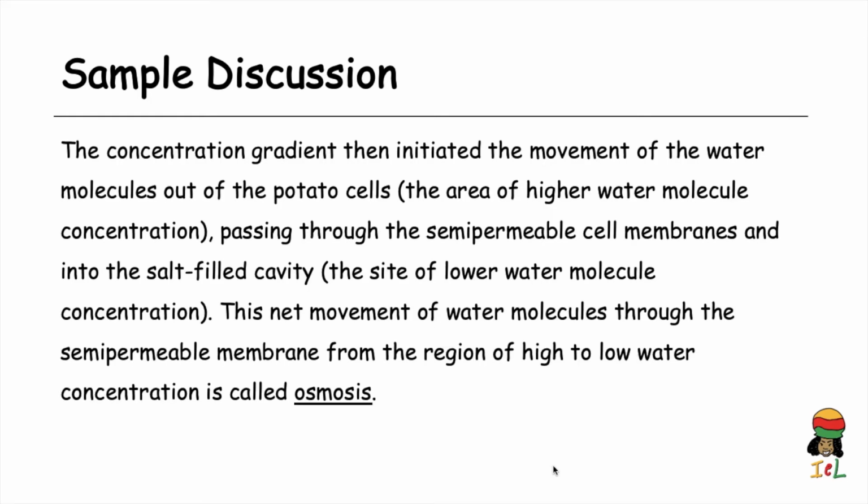The concentration gradient then initiated the movement of water molecules out of the potato cells, which is the area of higher water molecule concentration, passing through the semi-permeable cell membranes and into the salt-filled cavity, which is the site of lower water molecule concentration. This net movement of water molecules through the semi-permeable membrane from the region of high to low water concentration is called osmosis.